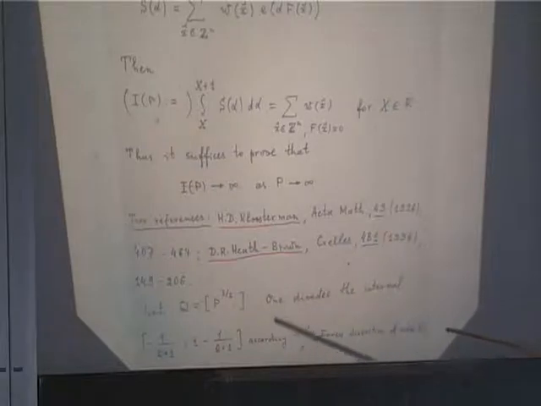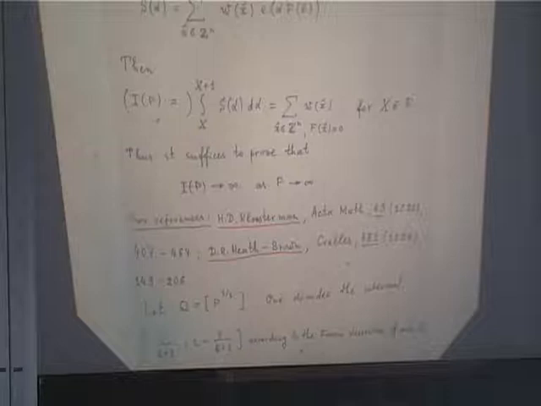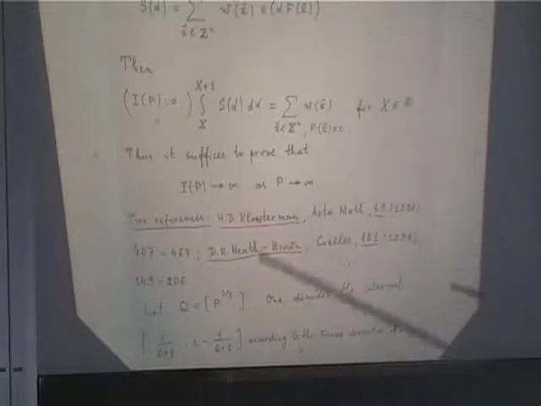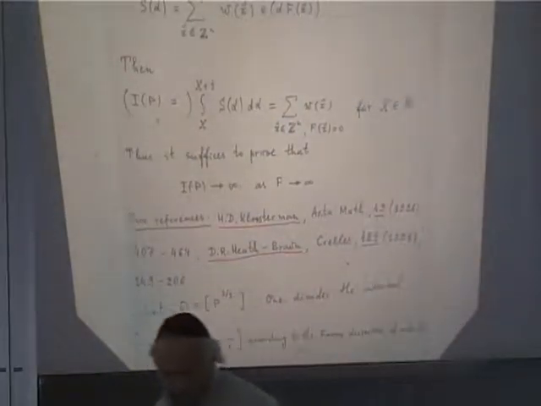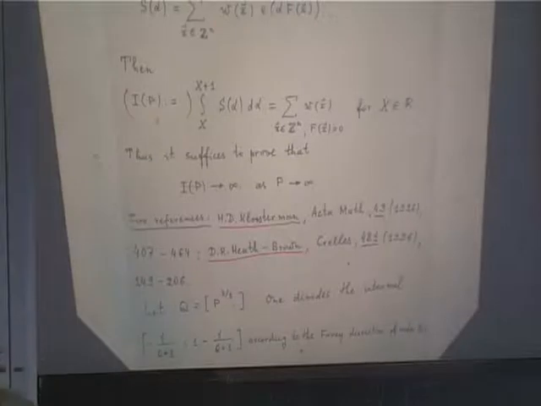So one chooses some integer Q, which is approximately P to the power 3/2, and one chooses the interval from minus 1 over Q plus 1. And one divides this interval according to what is called Farey dissections.